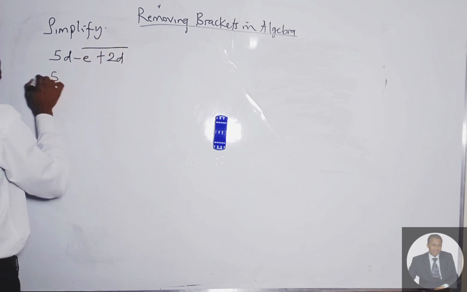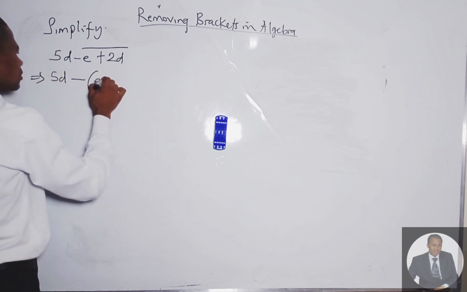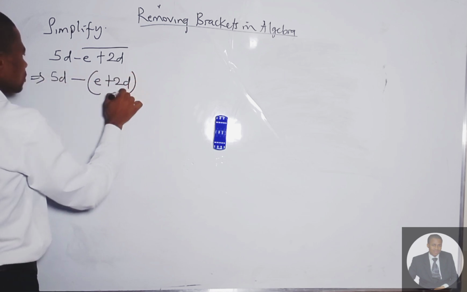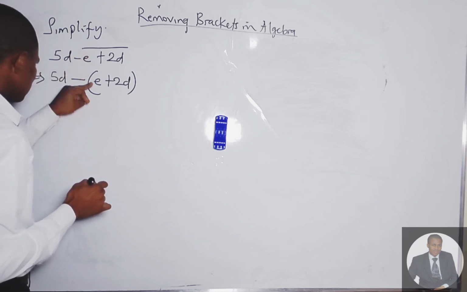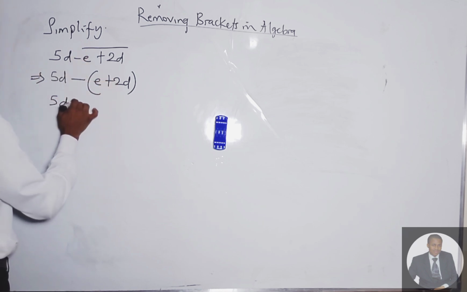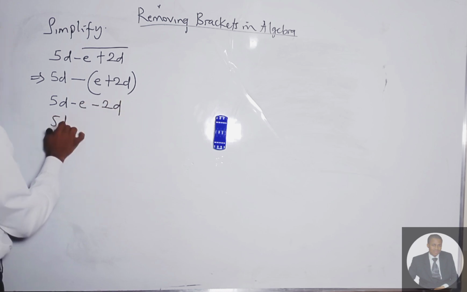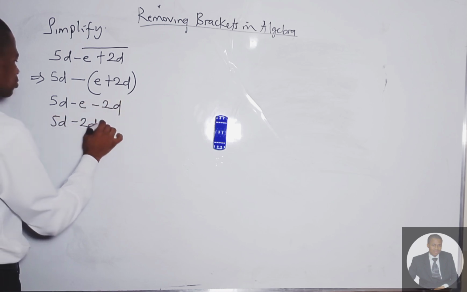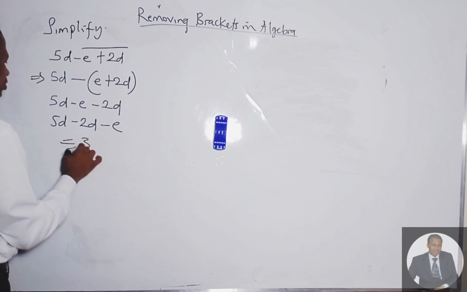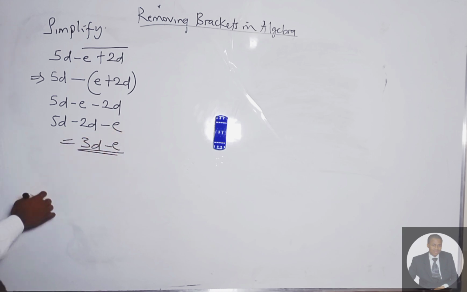So this means 5d minus bracket e plus 2d. So the minus will multiply everything inside. Collect like terms: 5d minus 2d minus e. That will give us 3d minus e. As simple as that.